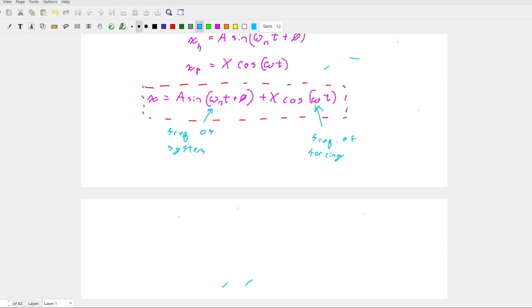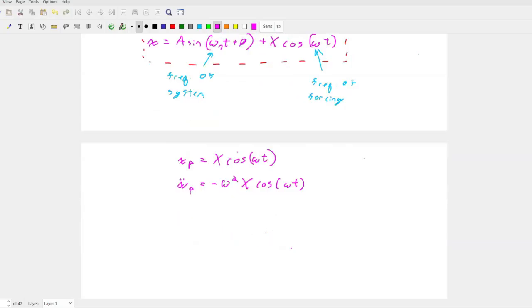So I've got x of p is equal to X cosine of omega t. Let me go back to pink on that, or magenta. And then x double dot of p is equal to negative omega squared X cosine of omega t.